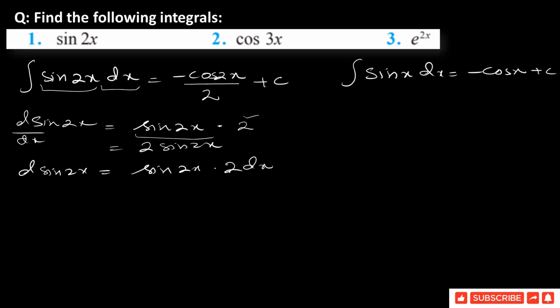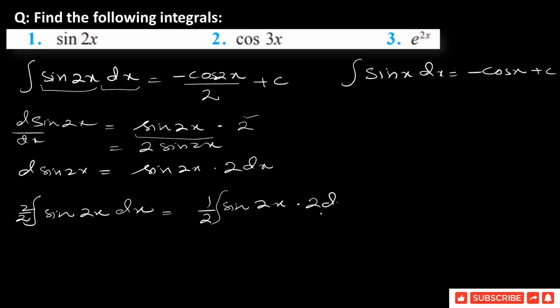So to make this 2 over here, we write sine 2x dx, and we divide and multiply by 2 so that we get 1 upon 2 sine 2x times 2 dx.